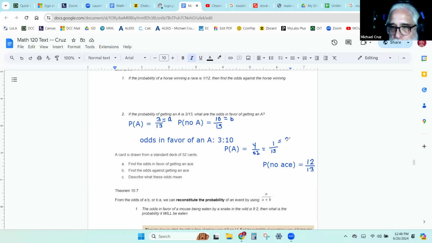This is our A, and this is our B. Notice that the A is the numerator of the probability of success, or in this case, the probability of getting the ace.